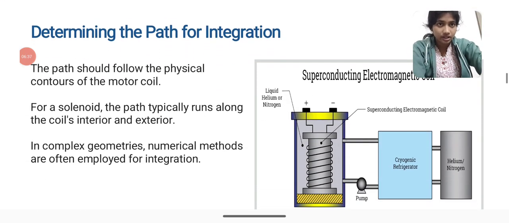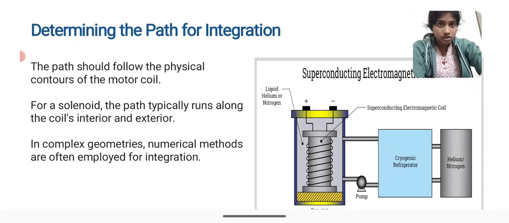Determining the path for integration. The path should follow the physical contour of the motor coil. For a solenoid, the path typically runs along the coil interior and exterior.